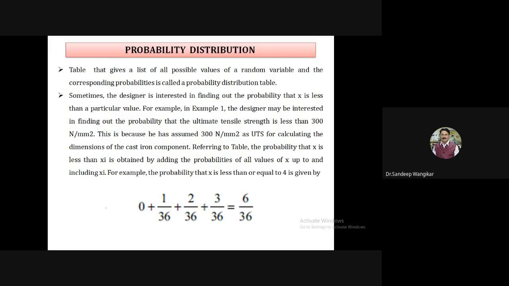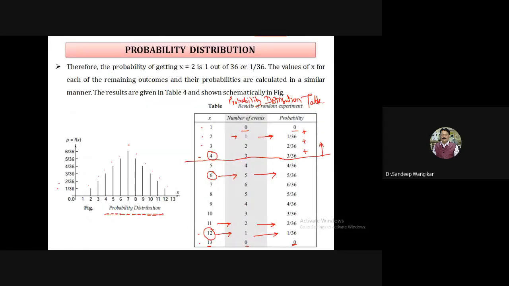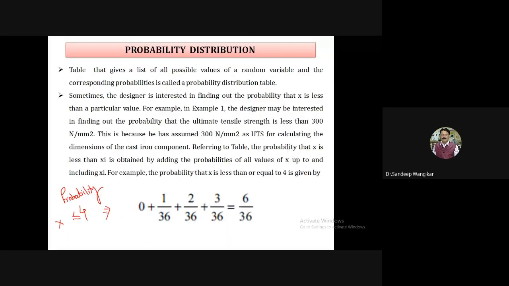So what is the answer? The probability is 0 plus 1 by 36 plus 2 by 36 plus 3 by 36, and here you will get the answer 6 divided by 36.